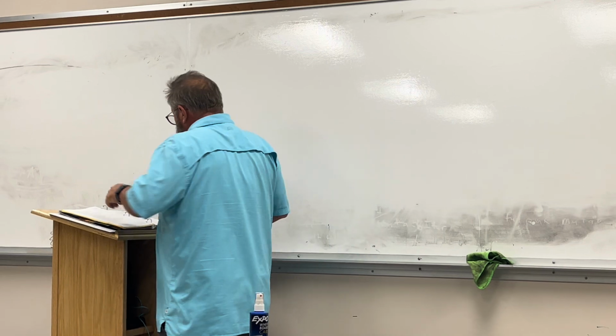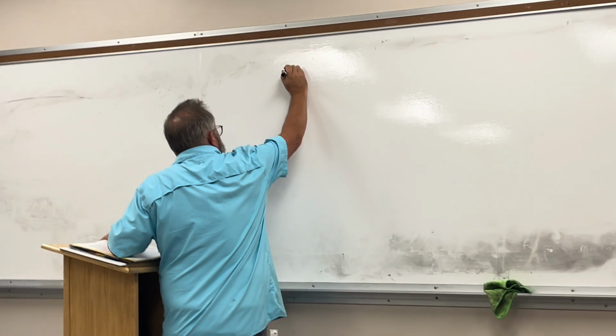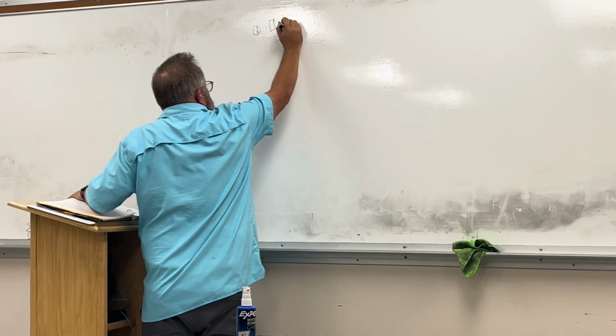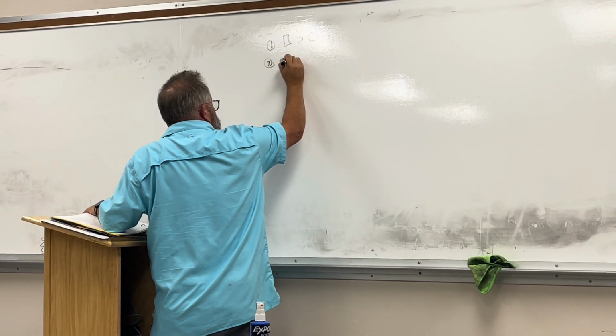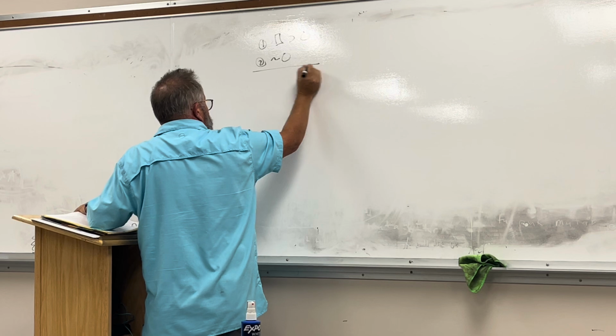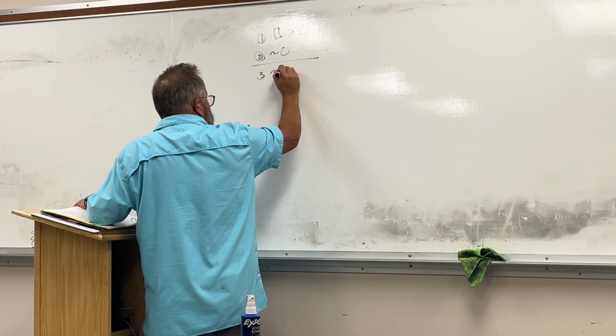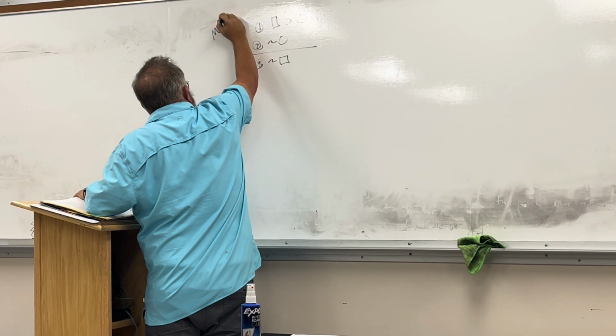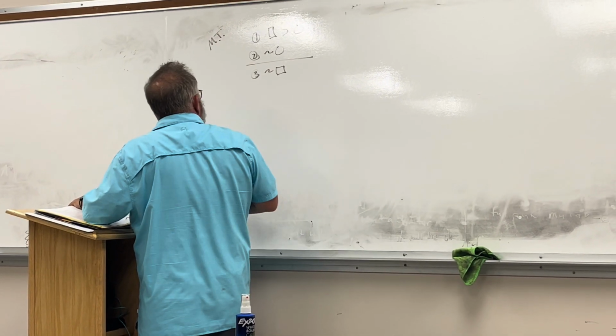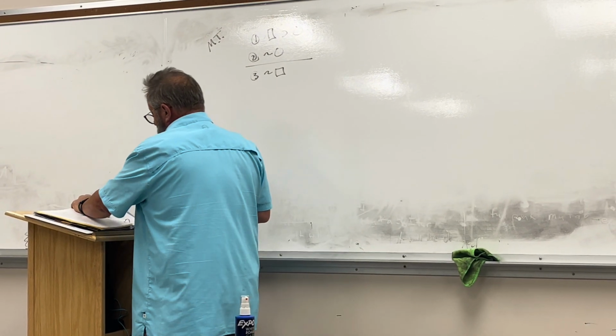Okay? And so first let's get the argument form up on the board. We have box, then circle, we have not circle, and the conclusion is not box, okay? And this argument form is known as modus tollens, okay?